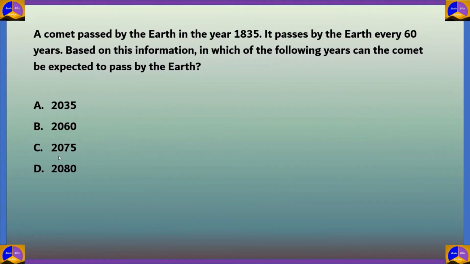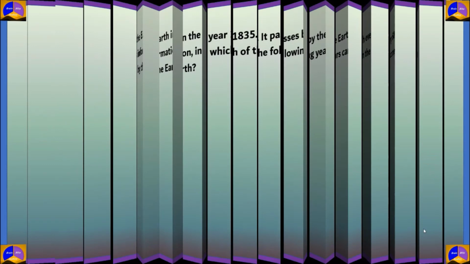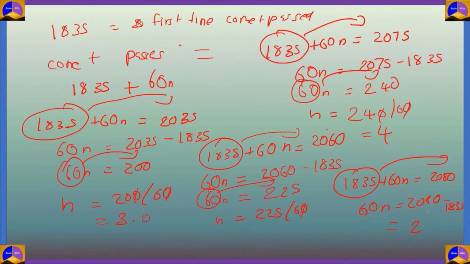Let's also check it with option D. 2080. 1835 plus 60n is equal to 2080. 1835 is taken to the other side. 60n equals 2080 minus 1835, which equals 245.